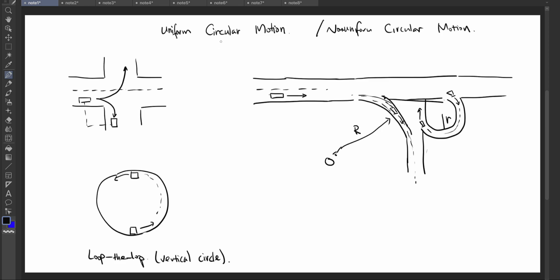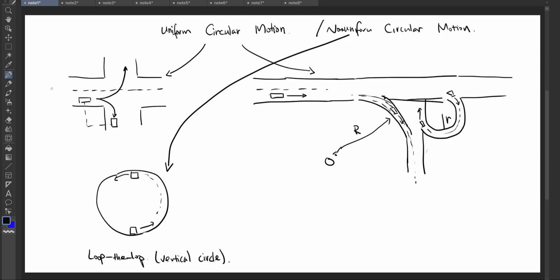Okay, so let me label this. Uniform circular motion usually refers to this situation, that situation. Non-uniform circular motion refers to this situation here. And I will talk about the difference between these two different circular motions later on.